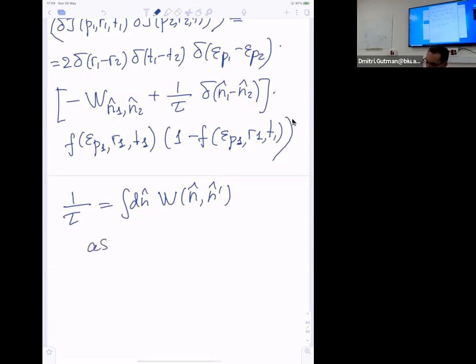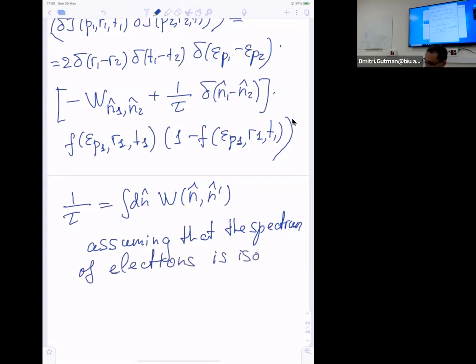Assuming that the spectrum of electrons is isotropic, and therefore 1 over tau does not depend on n.